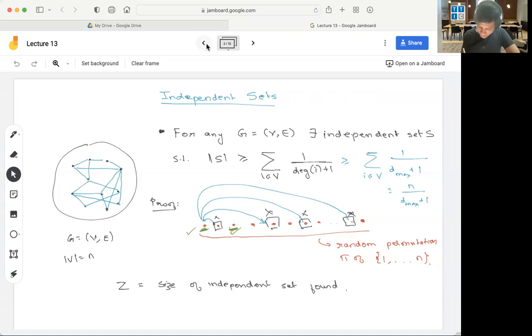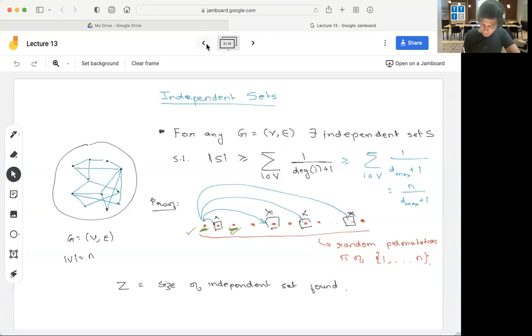I've indicated picking things by this check mark or this green underscore. We looked at this vertex, and we included it in the independent set. Because we included this vertex, we cannot include any of its neighbors, so we ruled them out. Then we looked at the next vertex which we hadn't already ruled out.